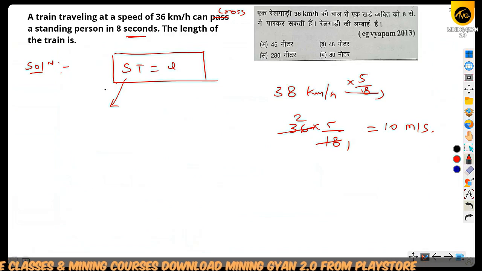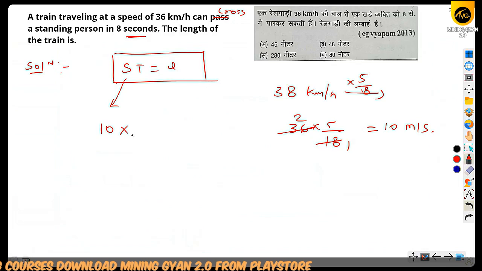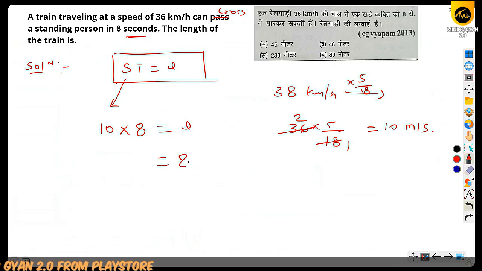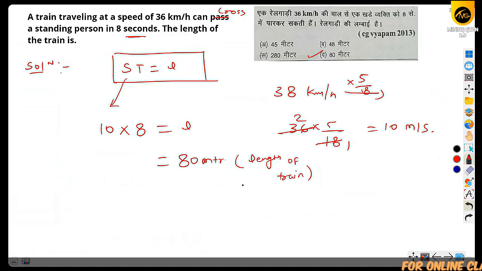Now you put down 10 meter per second, which is the speed, and the time is 8 seconds. So what will be the length? Length will be 80 meters. 80 meters is the length of the train. So option D is the correct answer in this case.